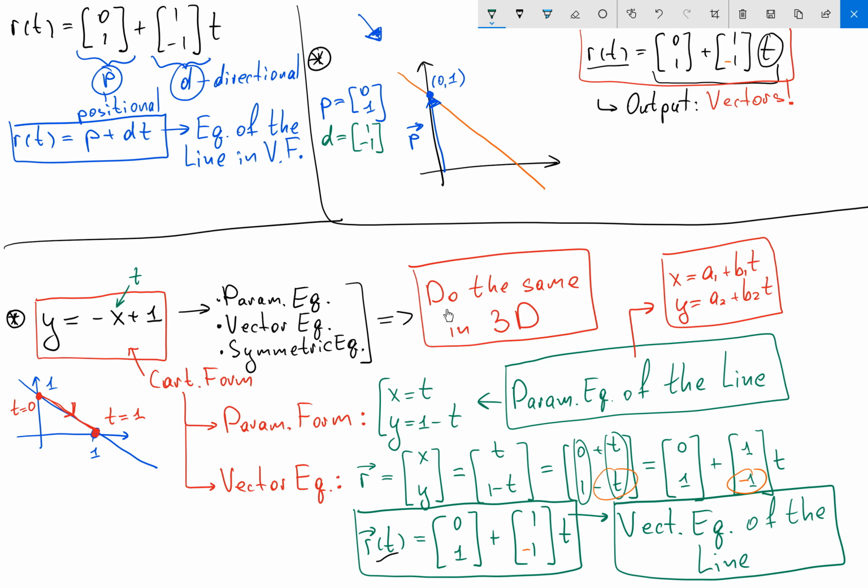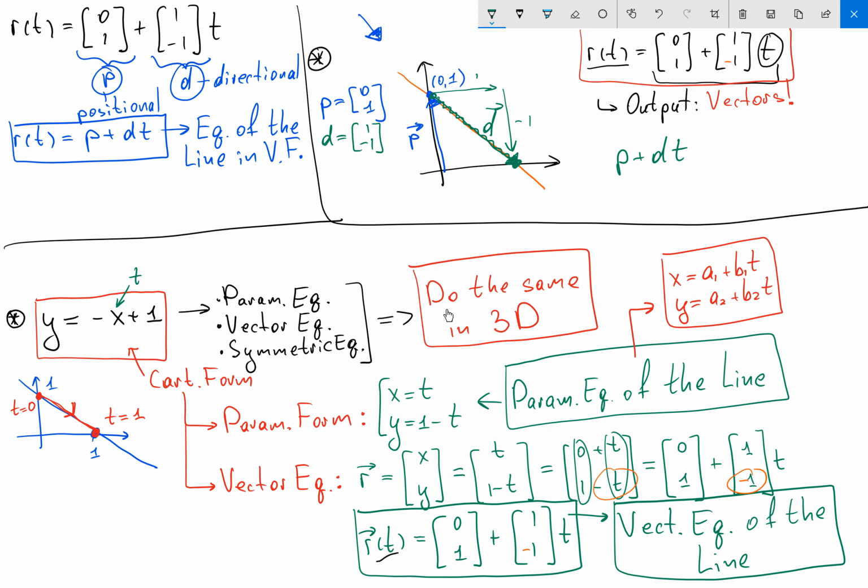The directional vector gives the direction of the line, the slope of my line. In other words, d says I go 1 in the x direction, and then I go negative 1 in the y direction. So this is exactly my vector d. So the equation of the line is p plus dt.